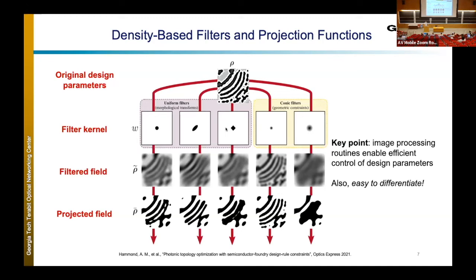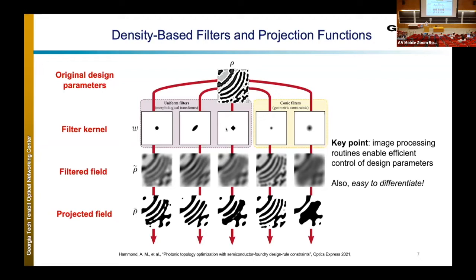So if you look here, I have a set of degrees of freedom at the top there represented by rho. And I send those through various different uniform filters on the left, conic filters on the right. And you can see that the actual filtered field, of course, changes depending on the kernel. And then if I decide to project that design using, for example, a tanh function, then the final design degrees of freedom that the Maxwell simulator solves for is completely different, right?